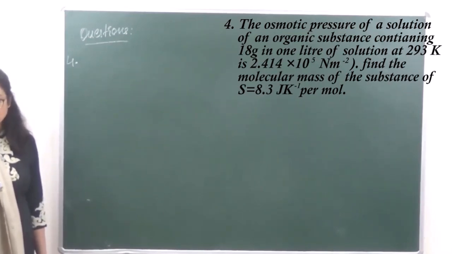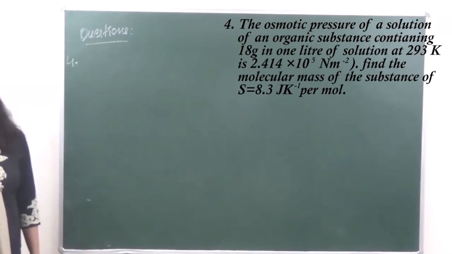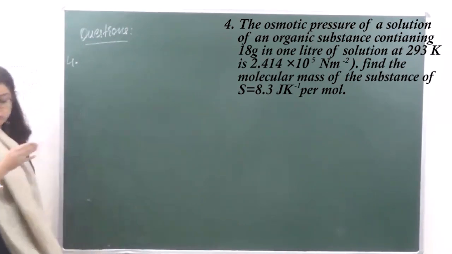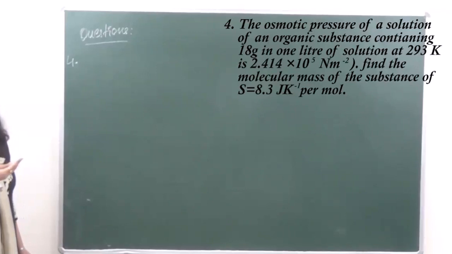Find the molecular mass of the substance if S, again please take it as R, is equal to 8.3 joules per Kelvin per mole. Okay, now in this case, we can again go to the same formula, but it is given in Newton meters, so there are a few conversions which we have to do over here.